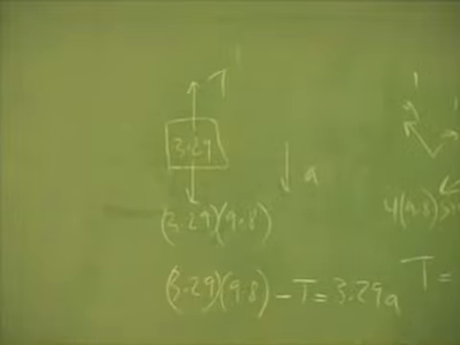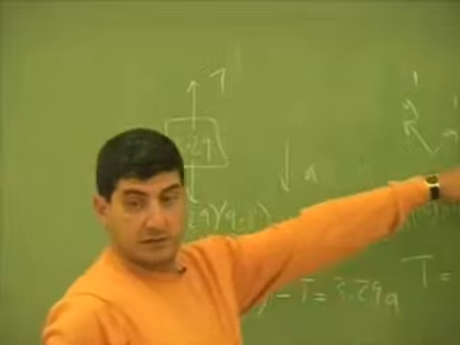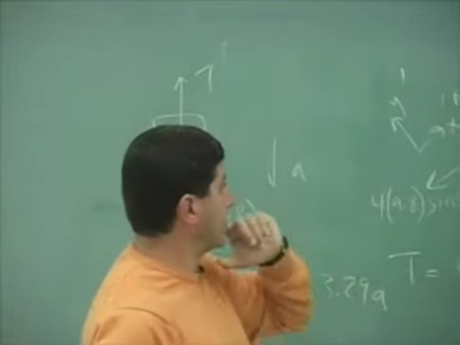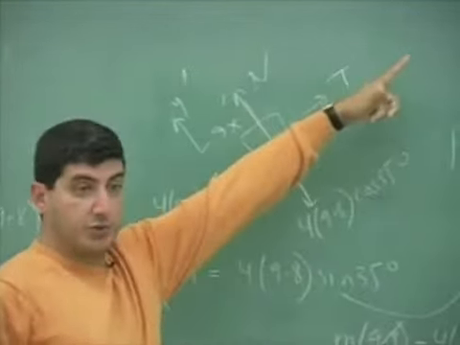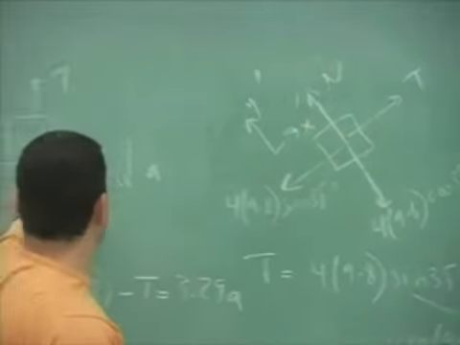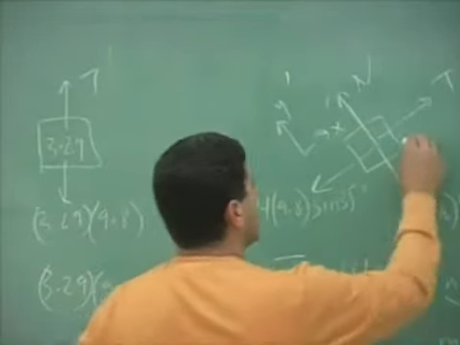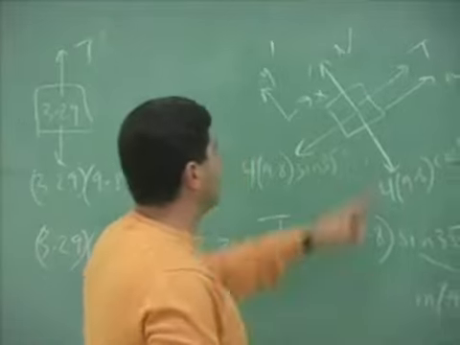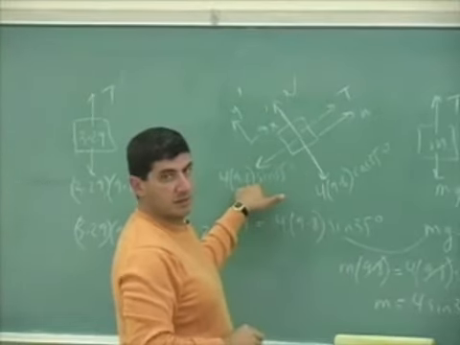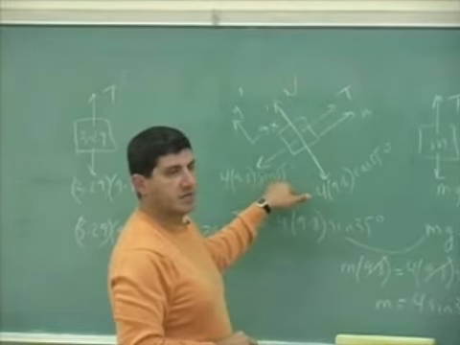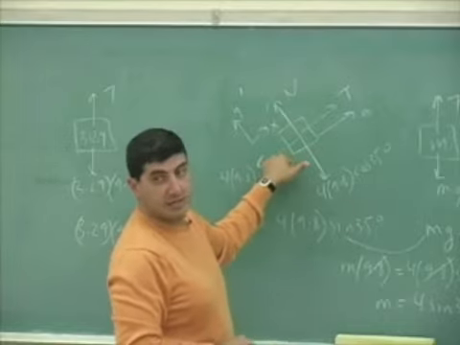And let's see. Okay, now we need the equation for this guy. What's going to happen to this guy? This one is going to accelerate up, right? If that accelerates down, this one is going to accelerate up. So the T is going to beat the 4 times 9.8 times sine of 35. The T has to beat that, right?